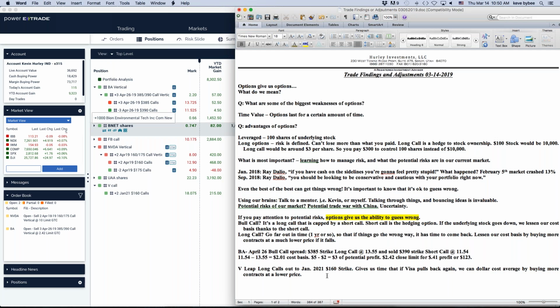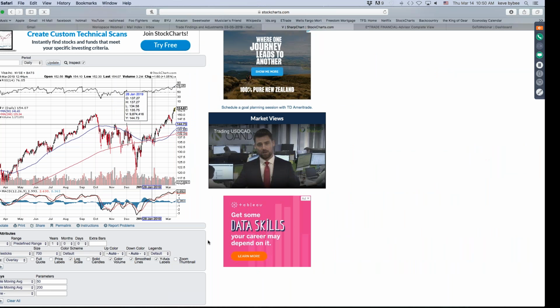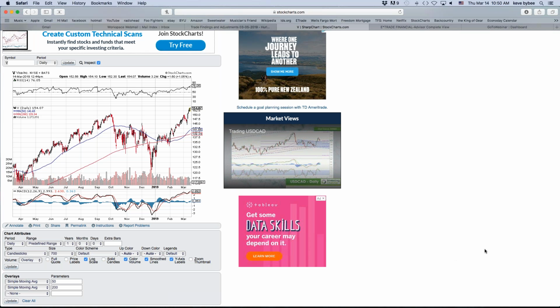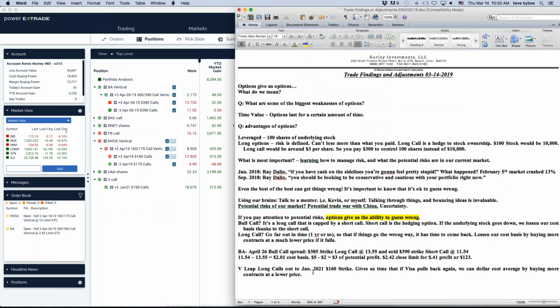If you double up, we have two contracts here, if you bought two more at that price, that lowers your cost basis so that when it does get back up to 154, 155, you have more profit in the trade, and you can even get out sooner.